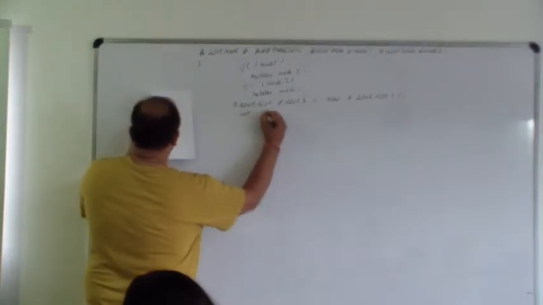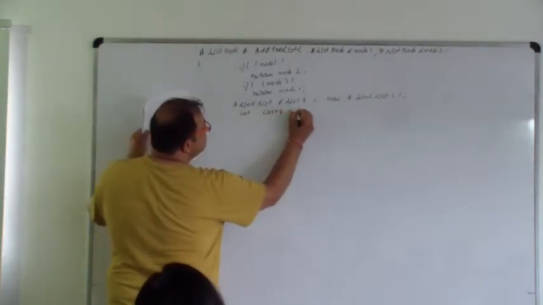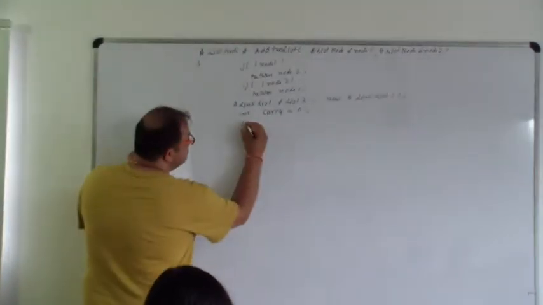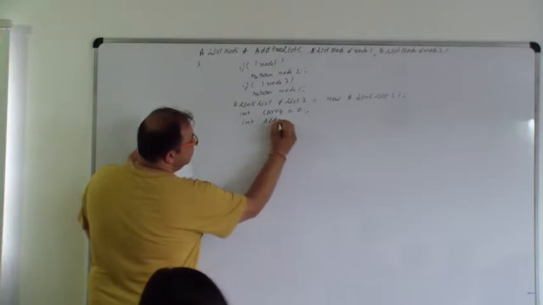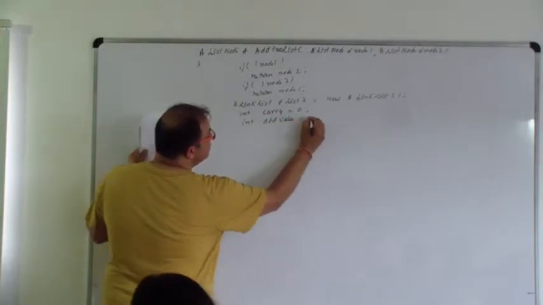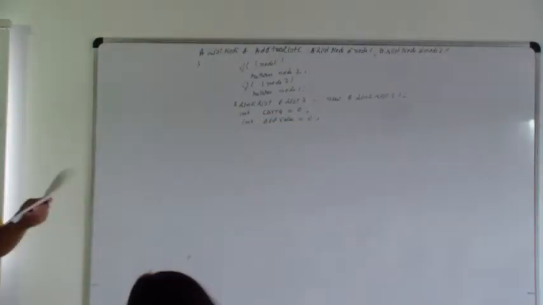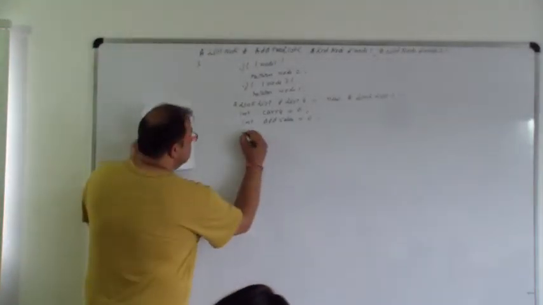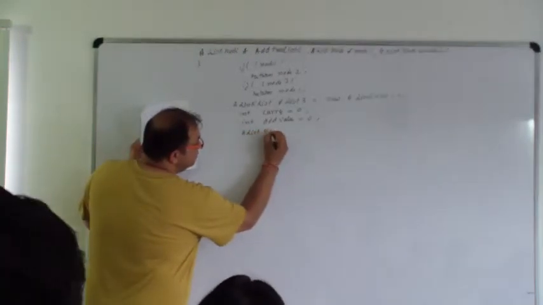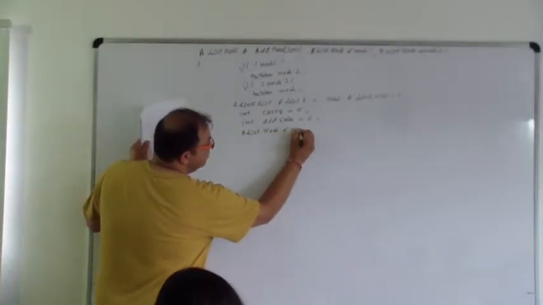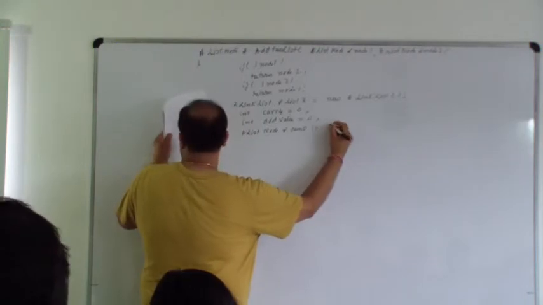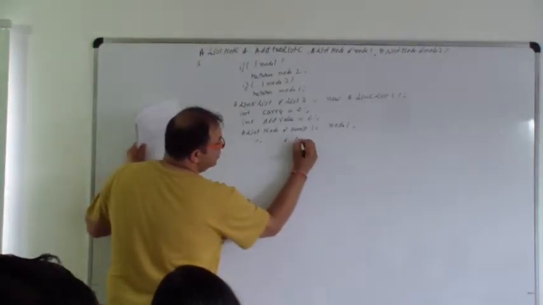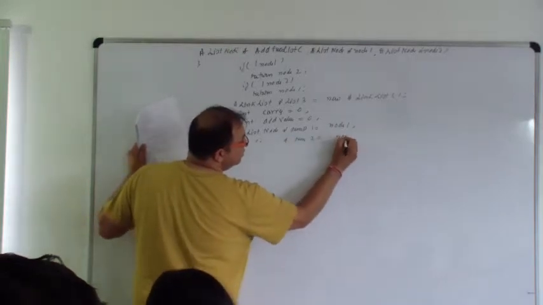So we need integer carry is equal to 0. At this point the carry is 0. And integer add value is equal to 0 at this point. And a list node star temp 1 is equal to node 1. A list node star temp 2 is equal to node 2.